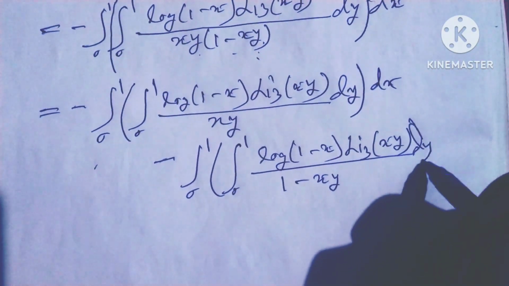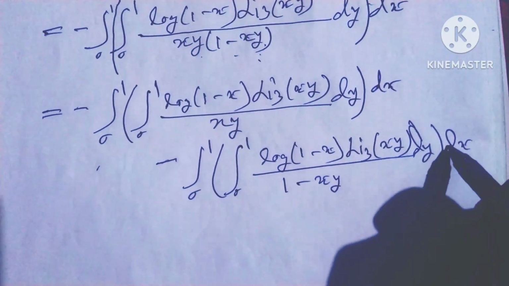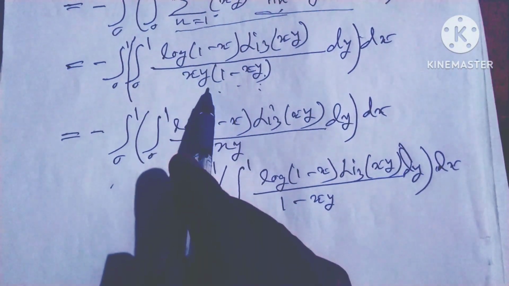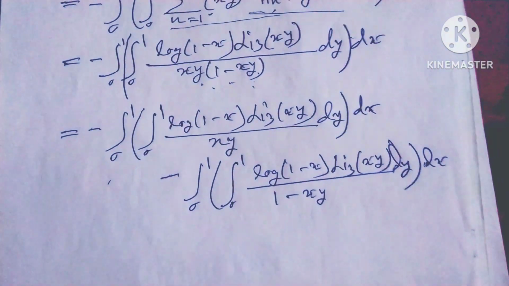Okay, simple partial fractions: xy divided by 1 minus xy can be written this way.